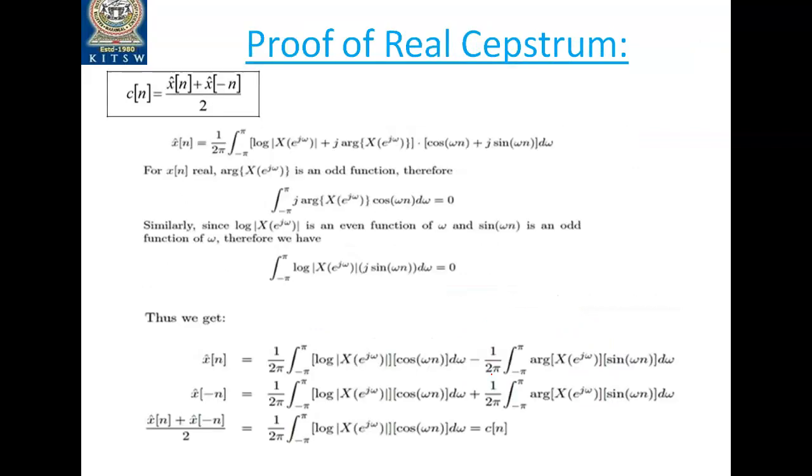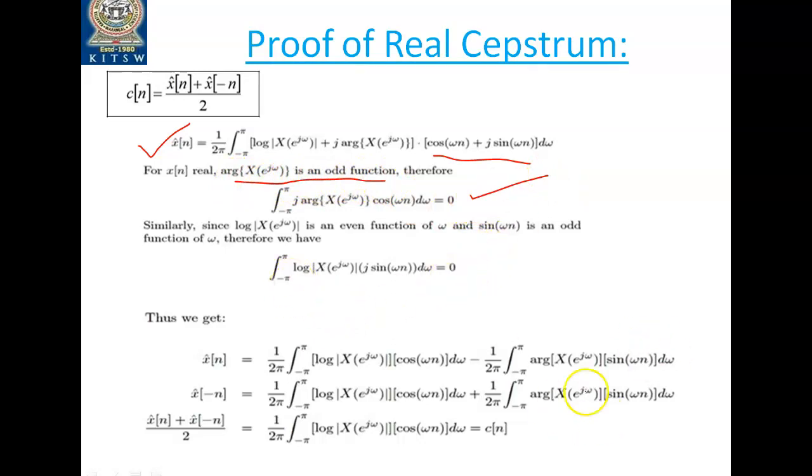Now, this is the proof I mentioned. Once you know the mathematical expression of x̂(n), the complex logarithm that is involved, and when it comes to e^jωn, we have expanded it like this: e^jθ equals cos θ plus j sin θ. For x(n) real, the argument of X(e^jω) is an odd function, therefore the integration is equal to 0.